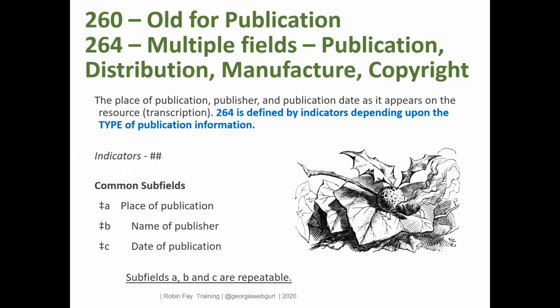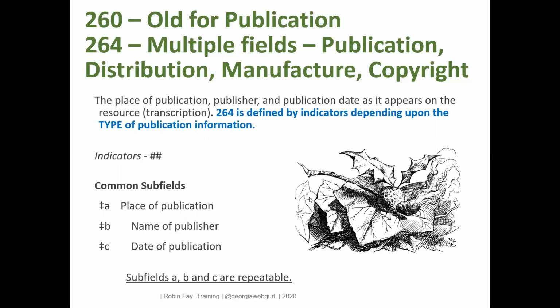There is information listed in the MARC manual, which I've given you in the resource, and the 264 is defined by indicators depending upon the type of publication information. Is it a distribution, or a manufacture, or a publication, or a copyright?